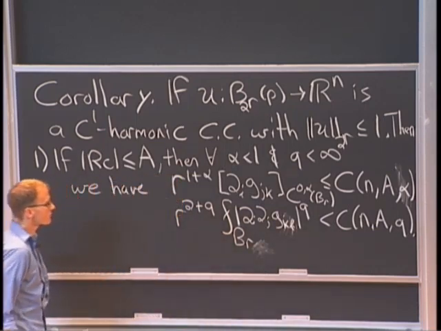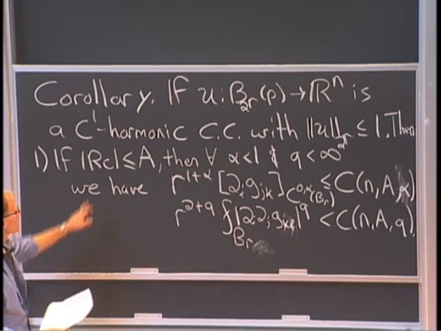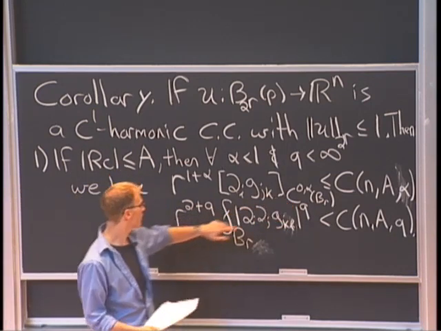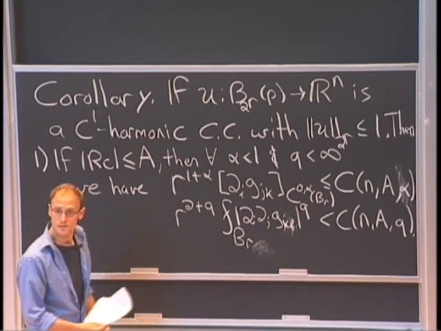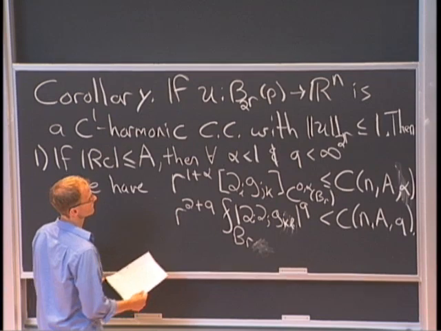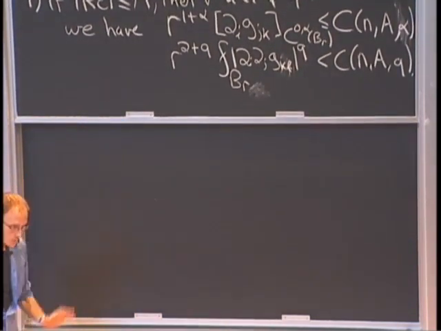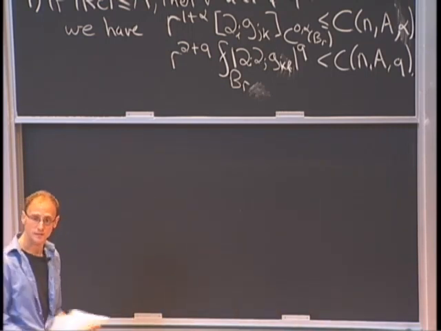So the point is we just started assuming these things were having C1 bounds, but automatically once we know the Ricci bound, in fact they're in C1 alpha for all alpha less than 1, and W2,q for all q less than infinity is what we're saying. So this is with no change of the coordinate, right? Same coordinate system. It just turned out it had more regularity than we thought it did.